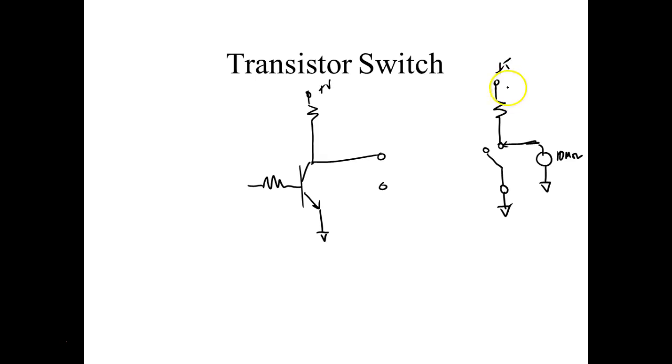So if there's no current flow through a resistor, how much voltage does it drop? None, because voltage drop is equal to I times R. I have 0 current, and this guy right here could be 1 megohm, and that's still going to drop 0 volts.